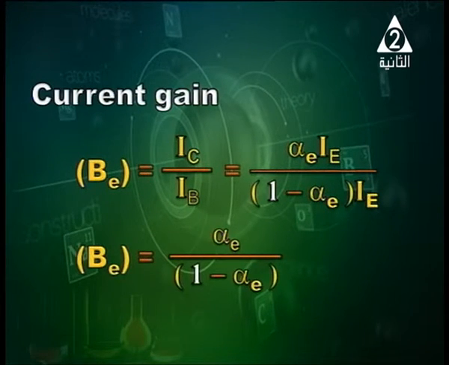So current gain equals alpha E over 1 minus alpha E, and never forget it is always the ratio between collector current and base current, or a change in the collector current to the change in the base current.